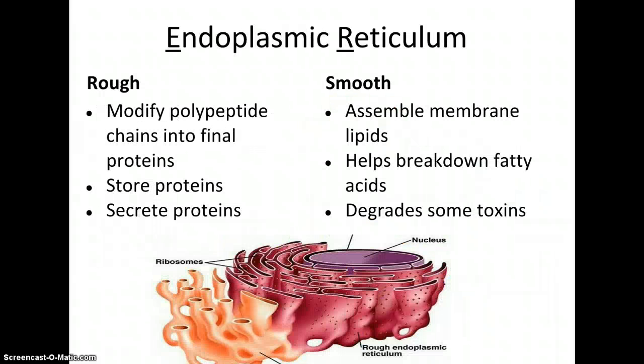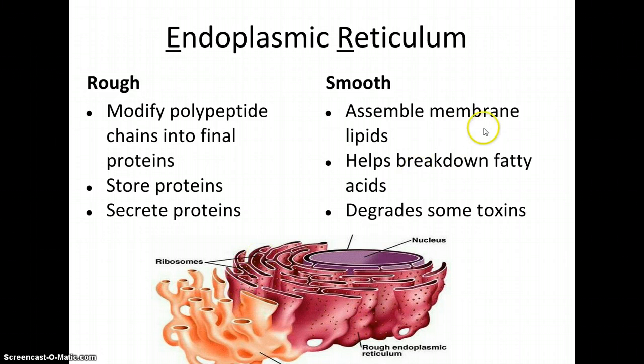The endoplasmic reticulum, often abbreviated as ER, comes in two sizes. Rough and smooth. It's rough because it has all these little ribosomes on it, making it a rough appearance. Smooth, I think you get the idea. Look at this though. The rough is all protein related. It deals with proteins. Now the reason it deals with proteins is because ribosomes make proteins.